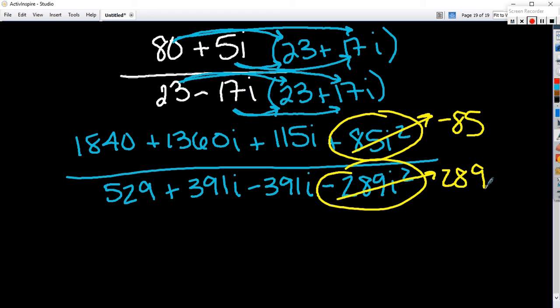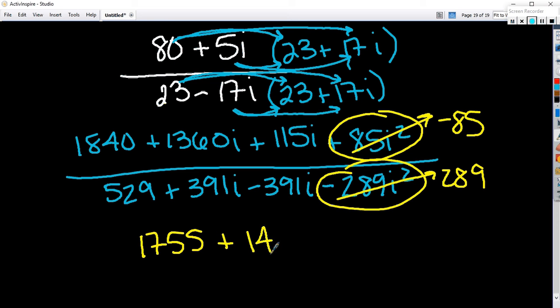How about your numbers without i up top? 1840 and negative 85. 1755. You were close. And the other one's 1360 plus 115. 1475.